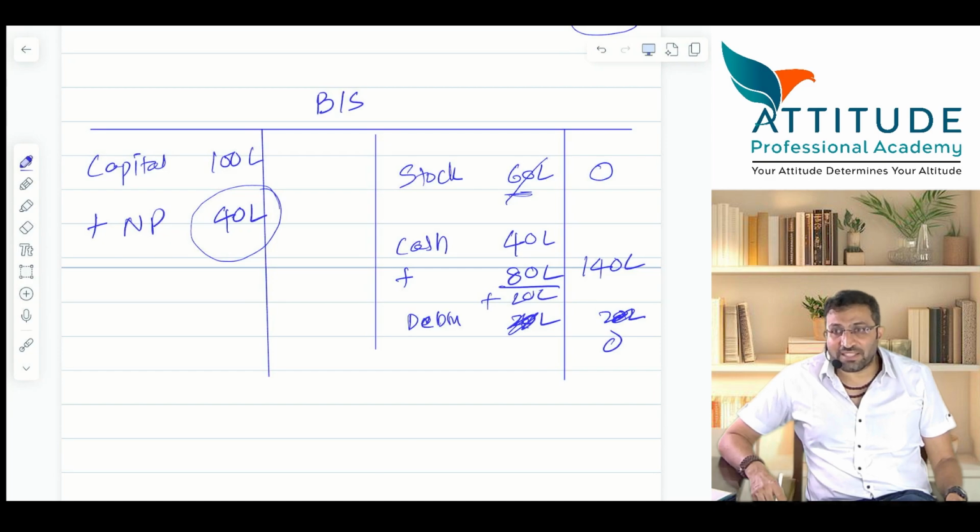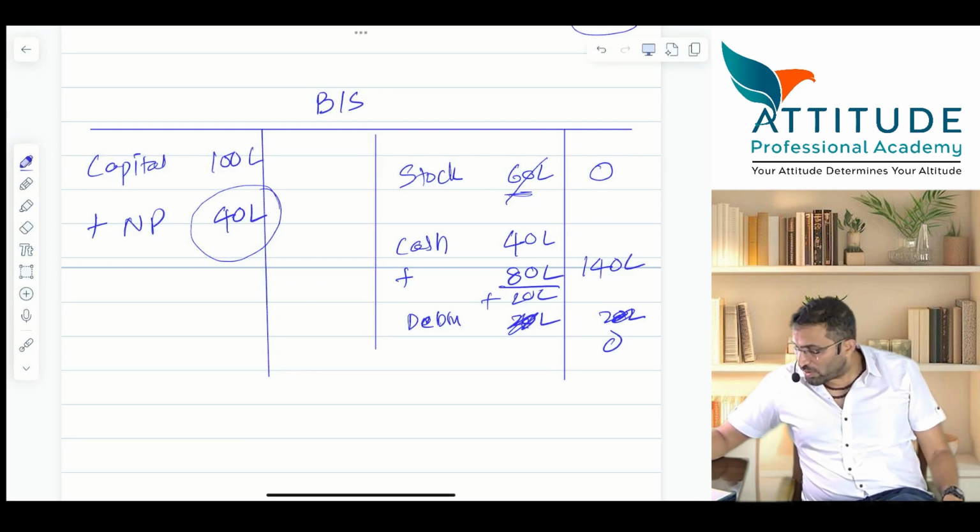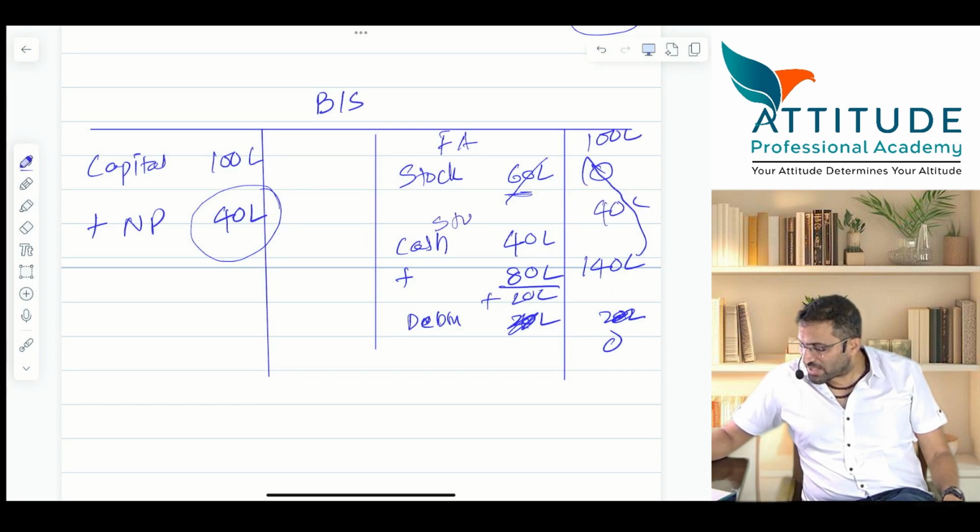Sometimes you might invest in fixed assets also. You might say, I will not run in a rented house or rented premises, I will purchase my own premises, because the profit of 40 has come. Out of this you might put 100 in fixed assets, and with the 40 that is left you will purchase stock. So 40 stock, cash becomes 0.